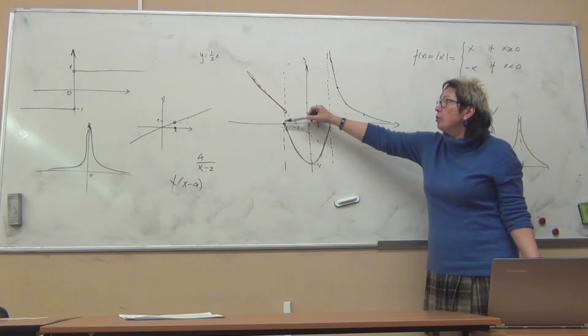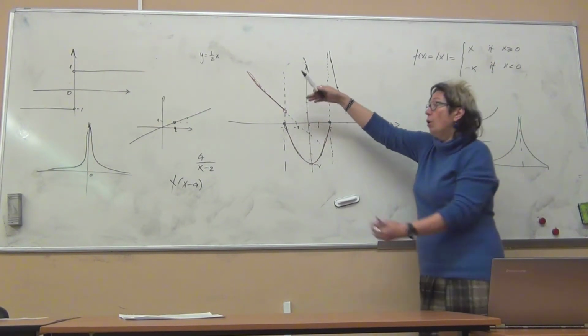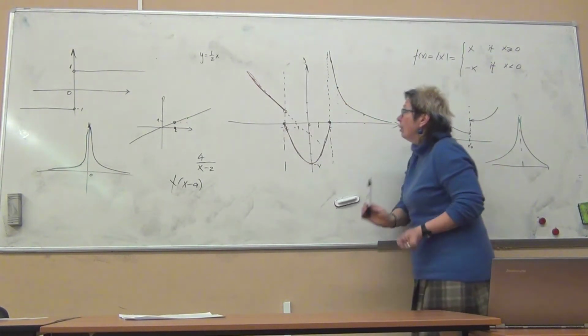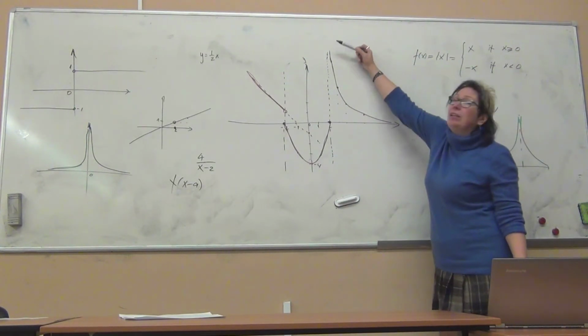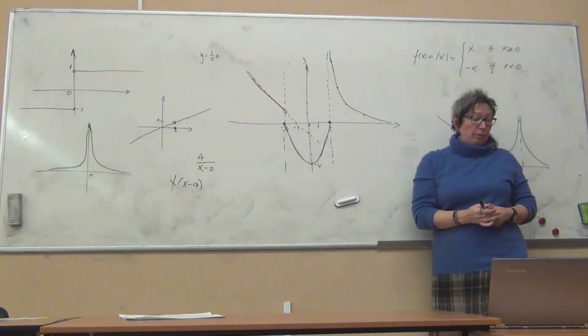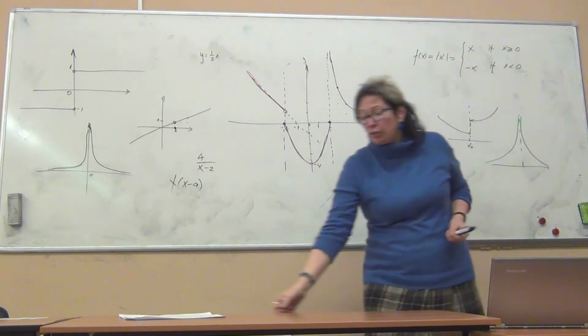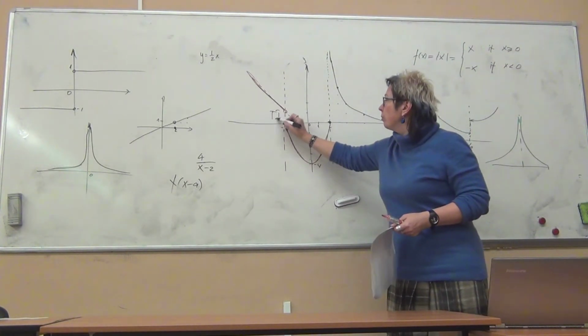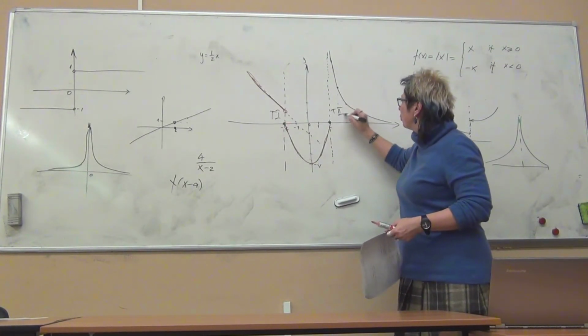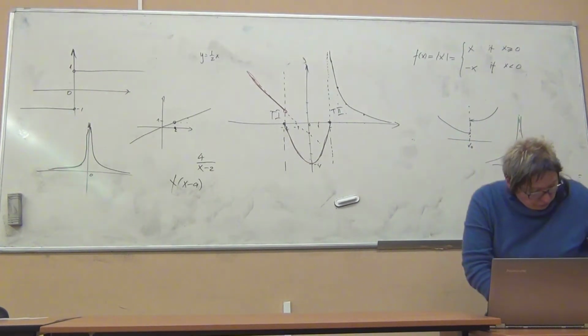One is a jump discontinuity, type 1, where everything is finite. And the other is a type 2 discontinuity because the right-hand limit is infinity. So the first one is type 1, and this is type 2.